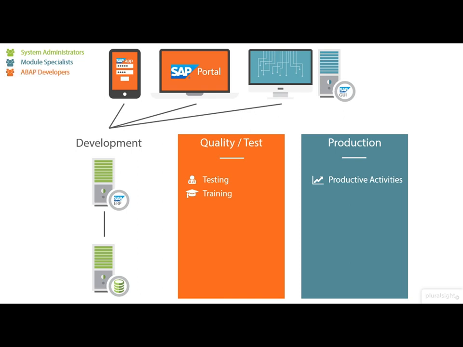And ABAP developers who, if neither the standard functions nor the customization satisfy the business user's needs, modify the existing functions or develop new ones with the help of the ABAP programming language. So, as you can see, this system is used by administrators, specialists and developers who aim to further develop and fine-tune the system according to the business needs.